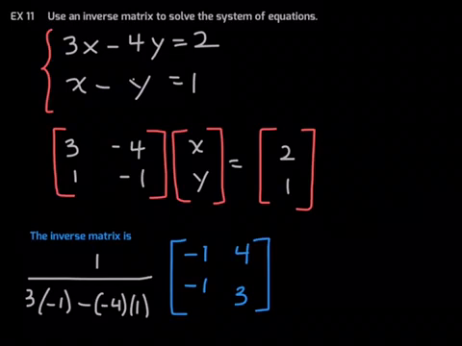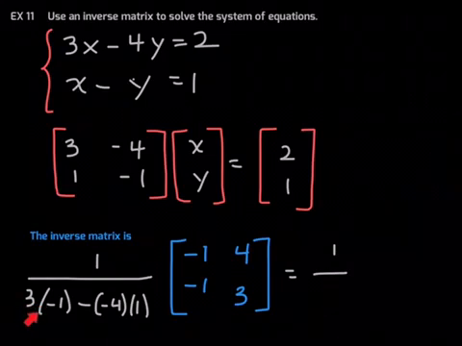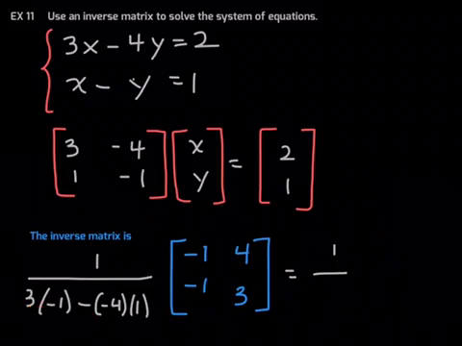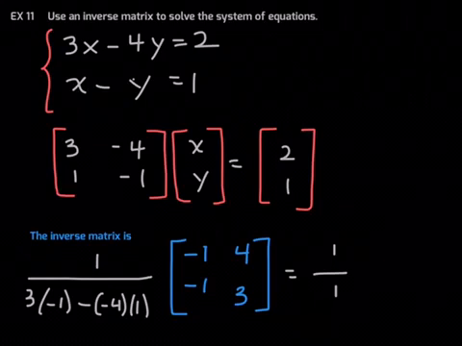So let's see. The inverse is going to be 1 over. Now, this denominator is negative 3. I see two negatives right here, which make a positive 4 times 1. So it'll be negative 3 plus 4, which is just 1. 1 over 1, so that's just 1.